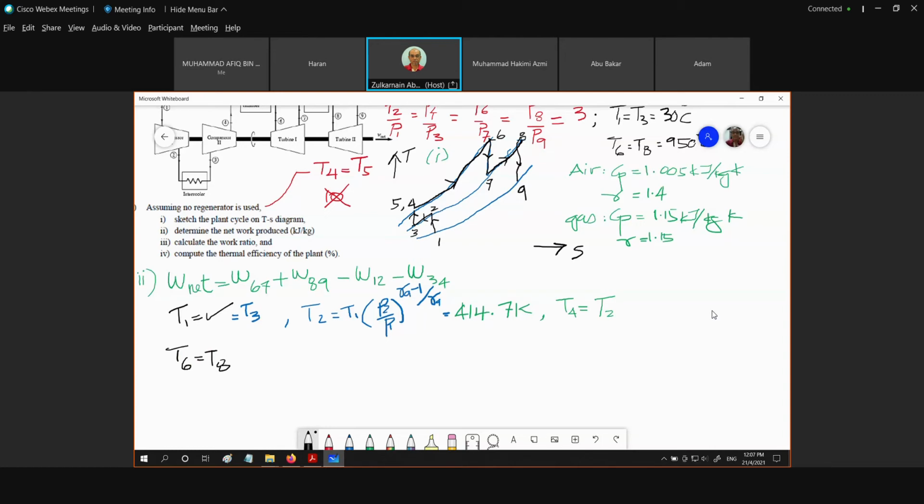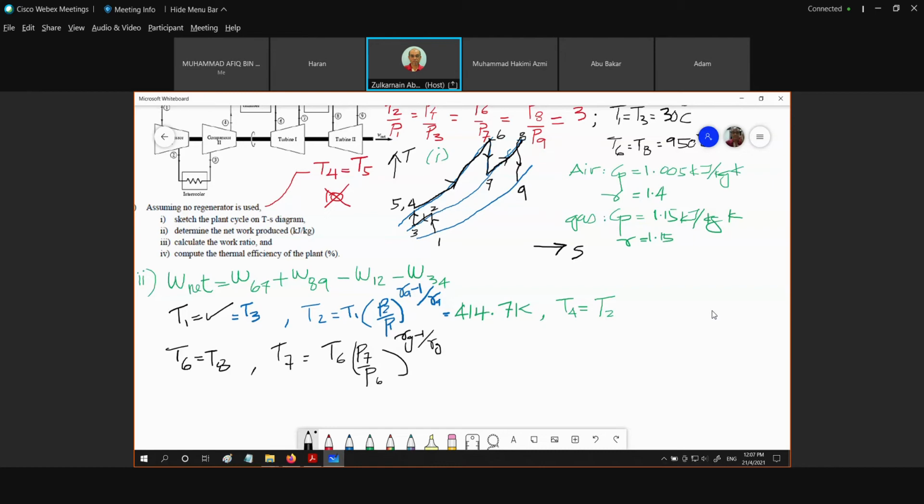After 6, we are going to get T7. What is T7? T7 is equal to T6 times P7 over P6, to the power of gamma for gas minus 1 divided by gamma for gas. And what is P7 over P6? P7 over P6 is 1 over 3. Okay, because we have here P6 over P7 is 3.